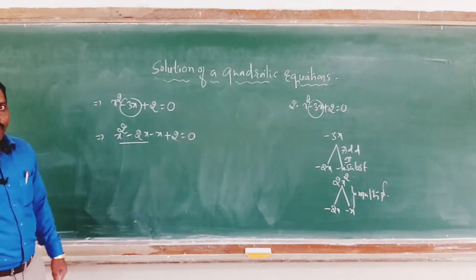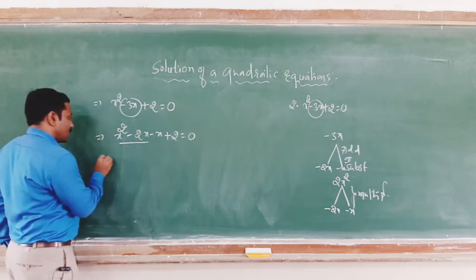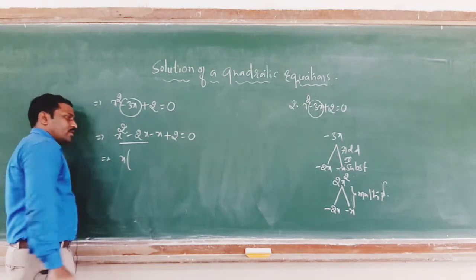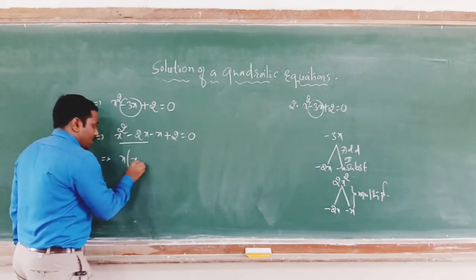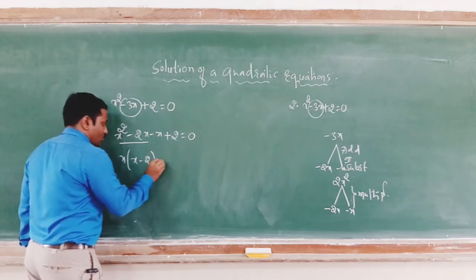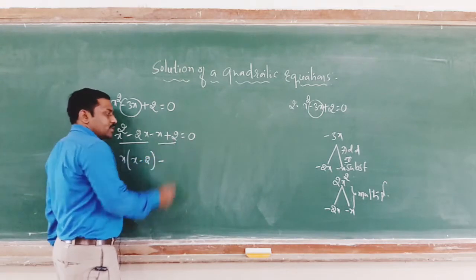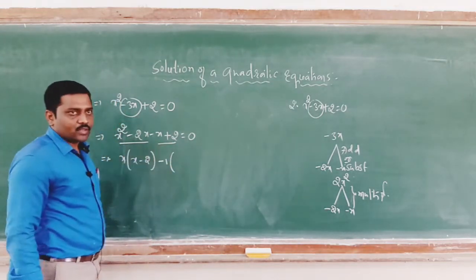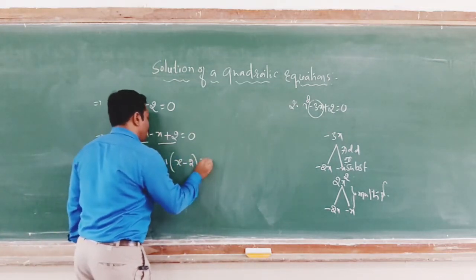Taking common from the first two terms, x is common, and the remaining is x minus 2. From the other two terms, minus 1 is common, and the remaining is x minus 2.